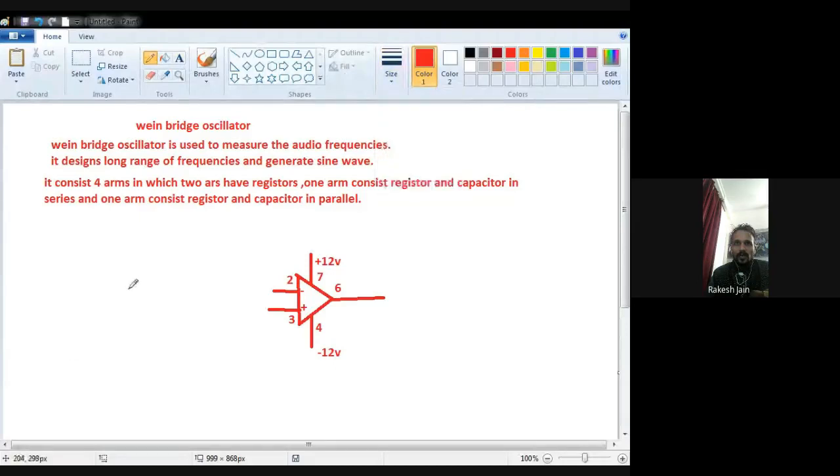So let's suppose this is the arm which contains a resistor and a capacitor in series. This is 1 arm which contains a resistor and capacitor in series, and 1 arm contains a resistor and capacitor in parallel.